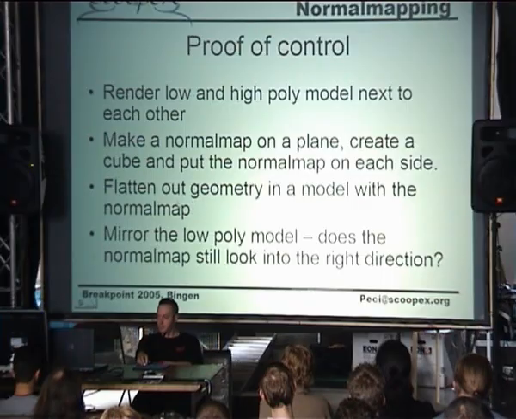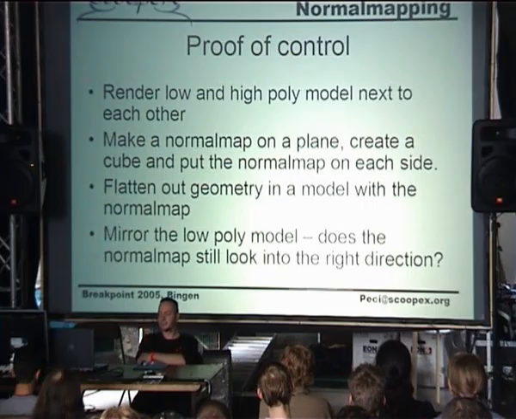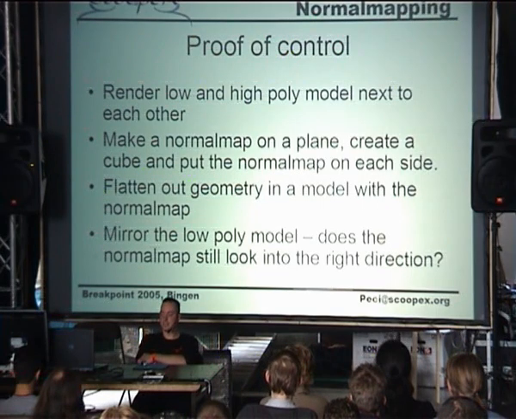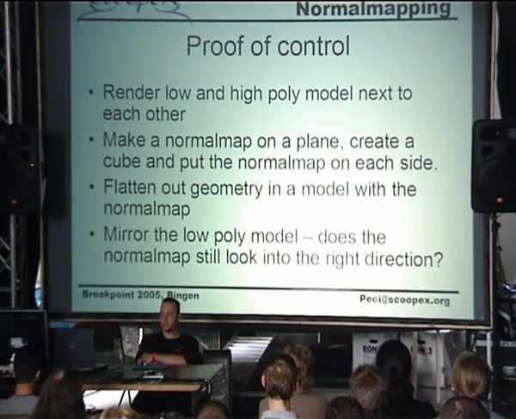Well, and a third proof was to flatten out the geometry. This makes no sense in real life, but it shows how accurate your normal mapping routine is. So what we did here was we used a high poly model with some bumps. Then we created a normal map with a flat plane so that the normal map just flattens out the bumps from the plane with the bumps.